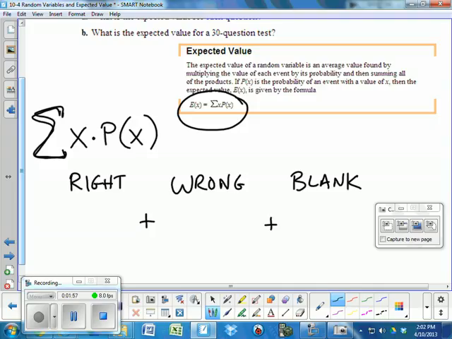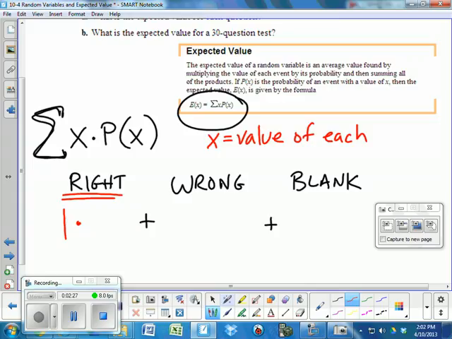What the x and the p of x mean, right here: x represents the value of each outcome. Like, getting it right is worth what? 1 point. So the x for getting it right is positive 1. Times, we need the probability of getting it right.